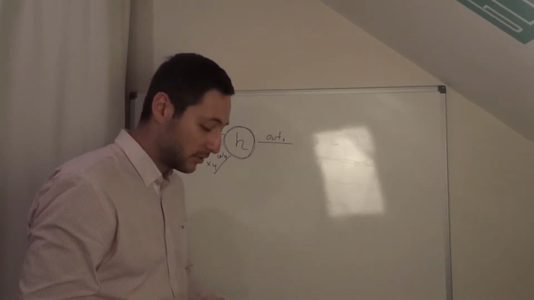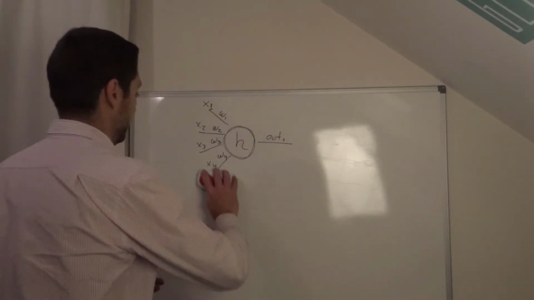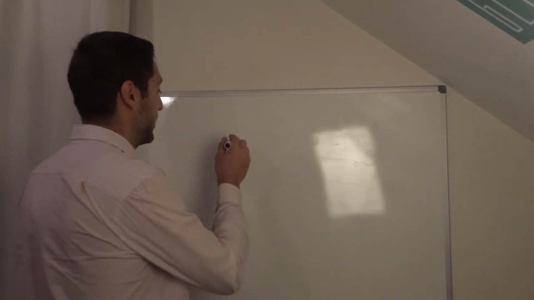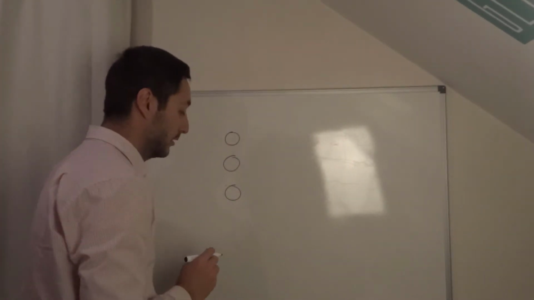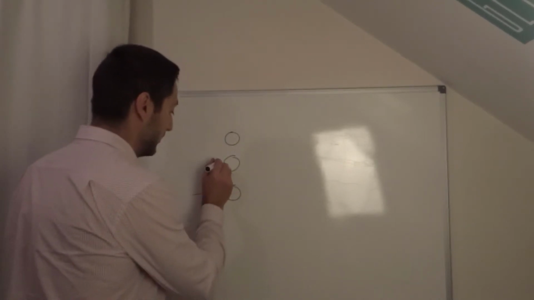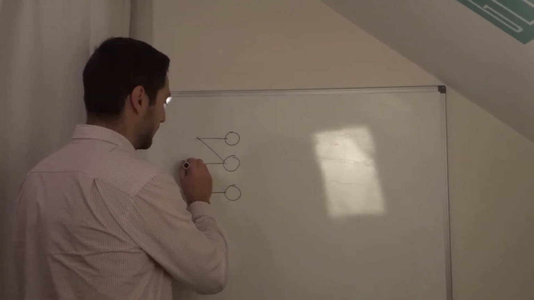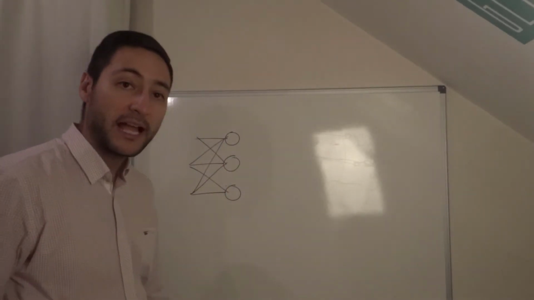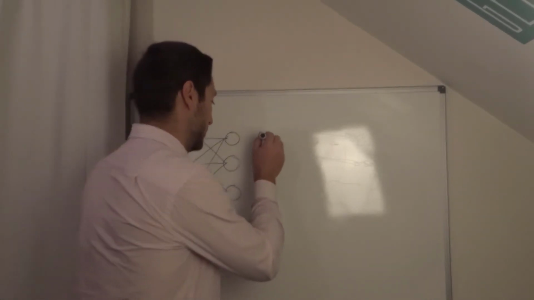Okay? So how does a neural network work? Imagine that we connect many different perceptrons. So we have different perceptrons that take some inputs. And what if we connect these neurons to other neurons?